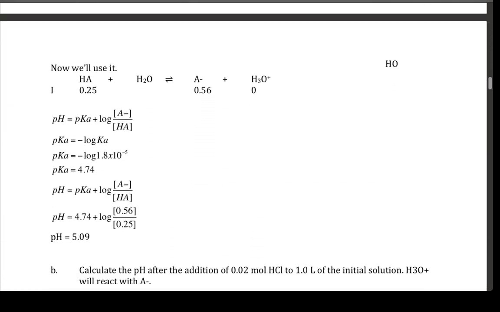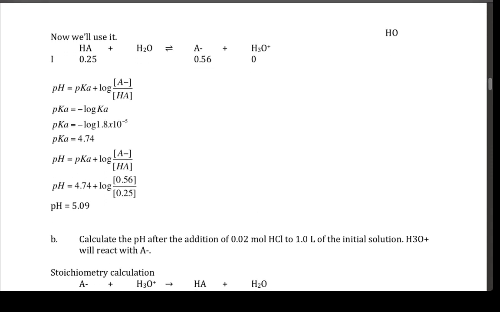Going back to the problem we just did, if we look at just the initial line of our ICE table, we have initially 0.25 molar HA and 0.56 molar A minus, no H3O+ to start with. What we have to determine in order to use the Henderson-Hasselbalch equation is what pKa equals. We were told for this acid HA, Ka is 1.8 times 10 to the minus 5.